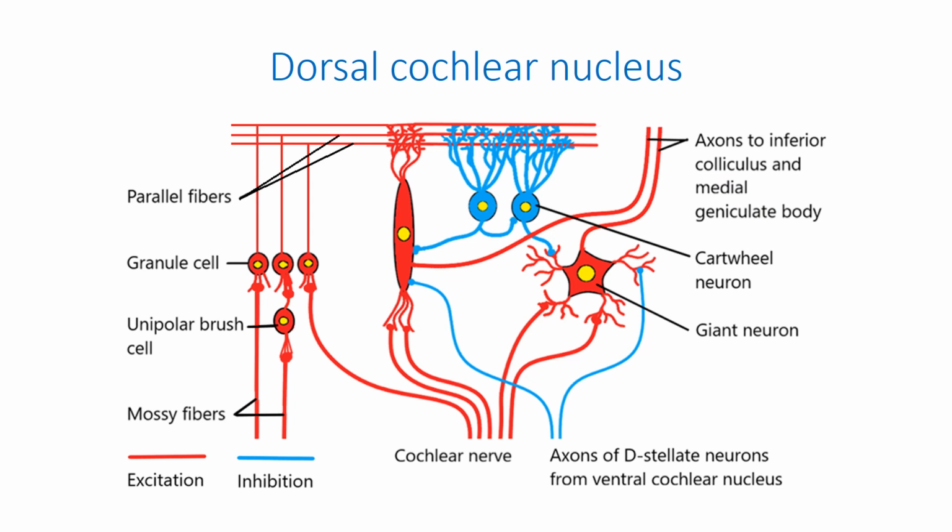The fusiform neurons have basal and apical dendrites, the latter being branched and spiny and contacting the nerve fibers of the outer layer. Giant neurons have large polygonal cell bodies and several branched dendrites. Auditory nerve fibers and axons of contralateral D-stellate cells from the ventral cochlear nucleus synapse on the fusiform and giant neurons.